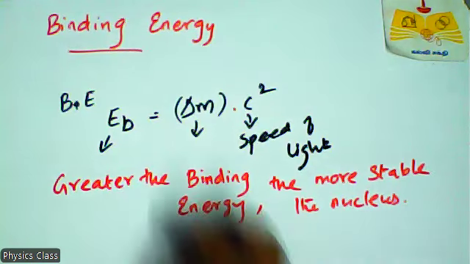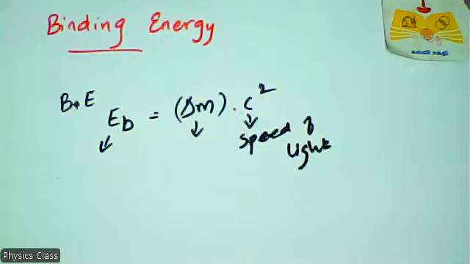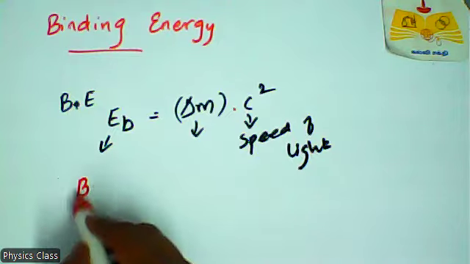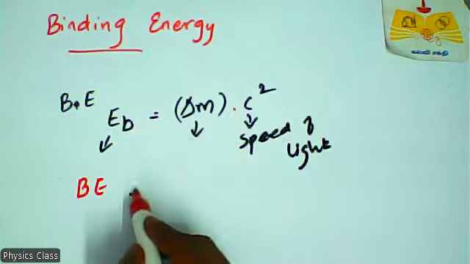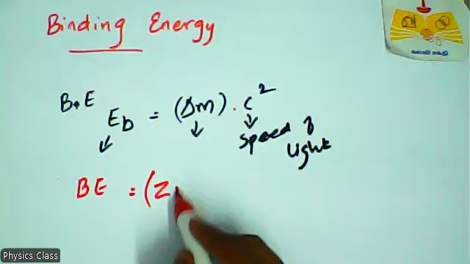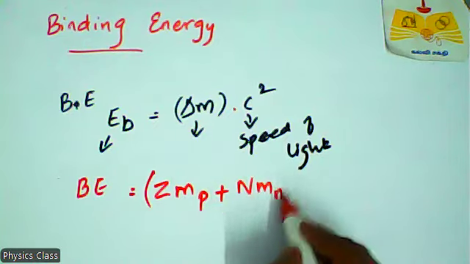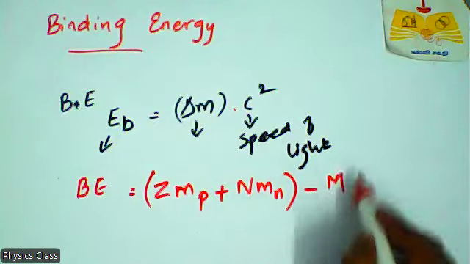Again, you can see the relation between the binding energy and mass defect. It can also be written as binding energy equals mass defect, which, as you already know, is Z mp plus N mn minus total mass, times c squared.